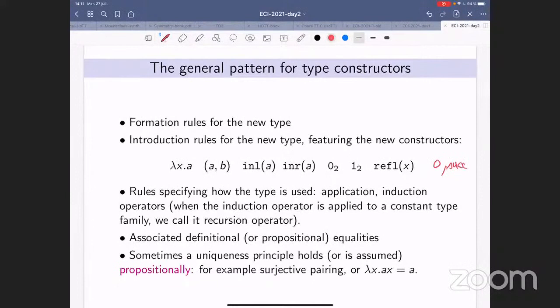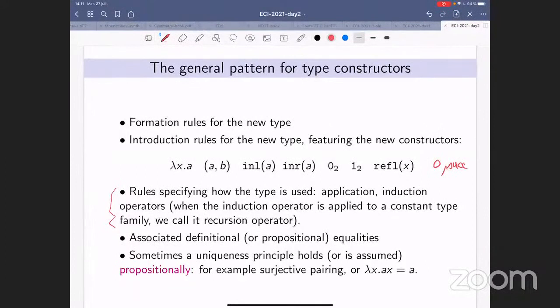And then you have a principle, except for pi calculus, where you have a way to eliminate. You can consider constructors as introducing elements of your type, and then you want rules to eliminate.